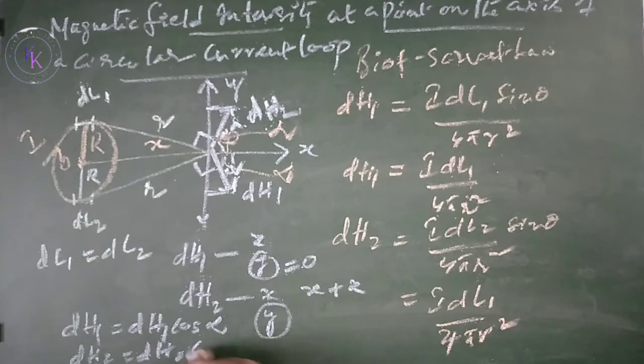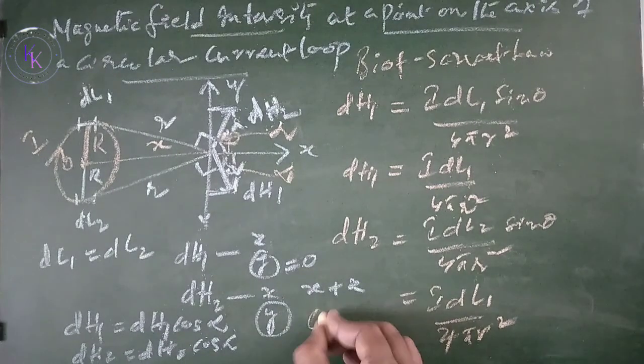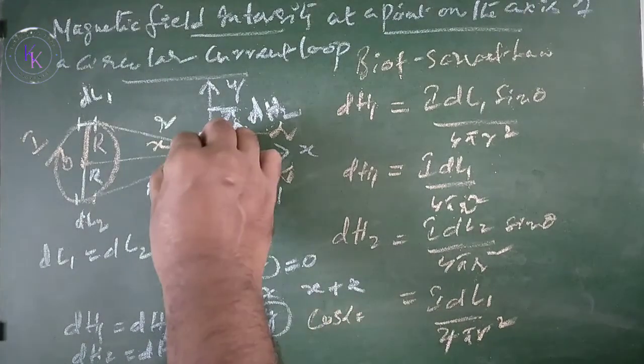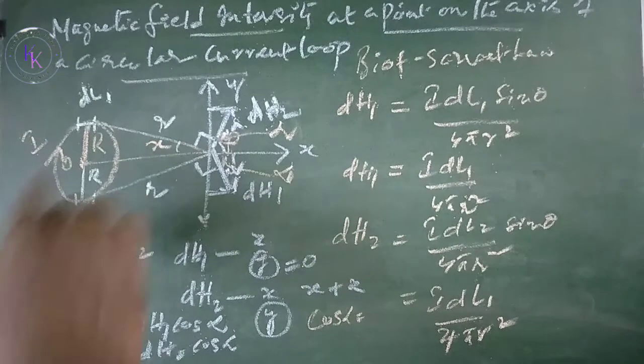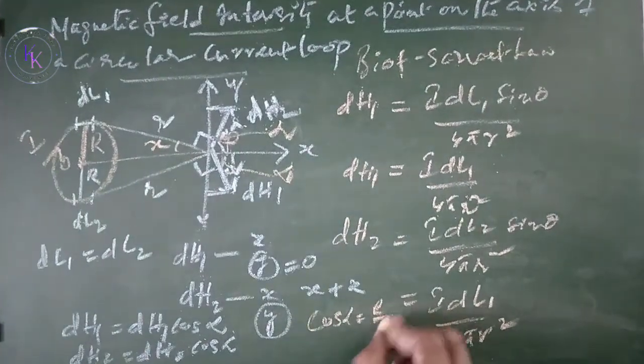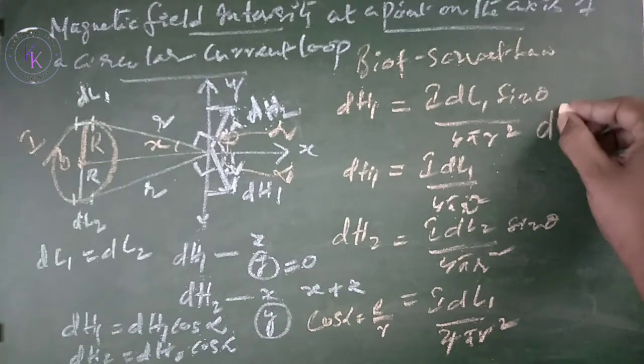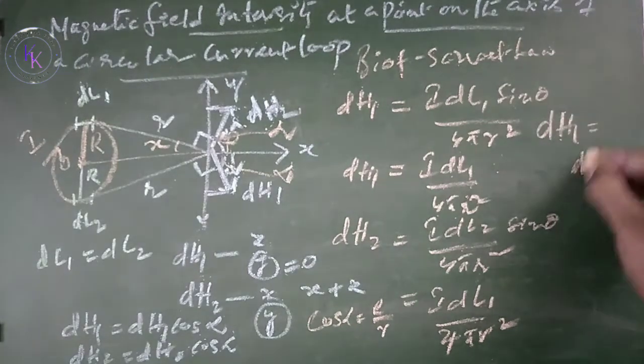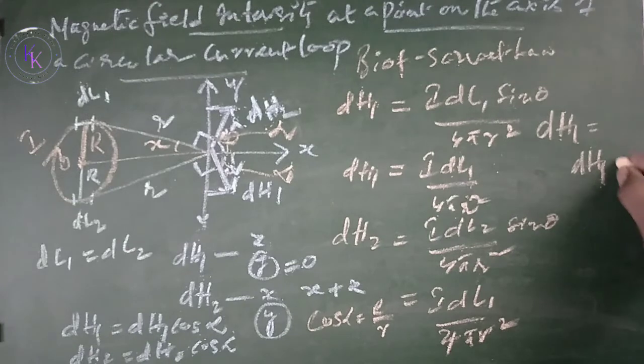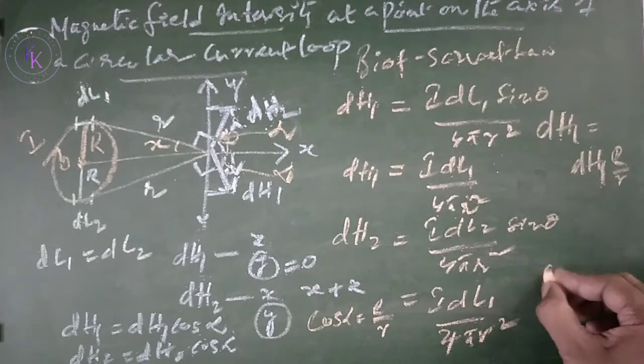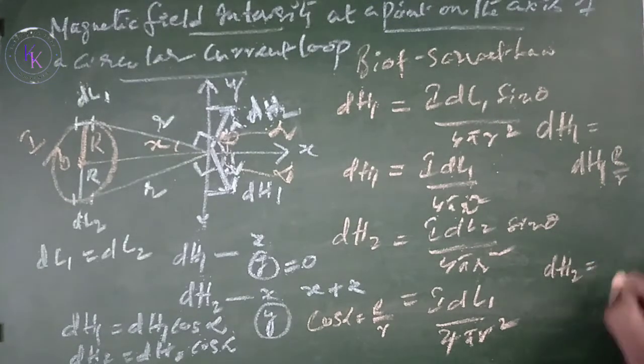From the figure, cos alpha is equal to capital R by small r. Now when you substitute this, the x component of dh1 is dh1 R by small r, and the x component of dh2 is dh2 R by small r.